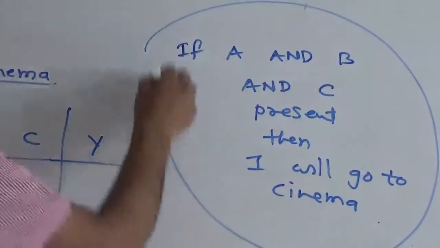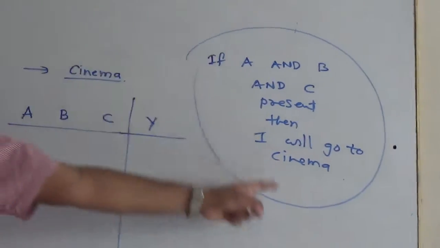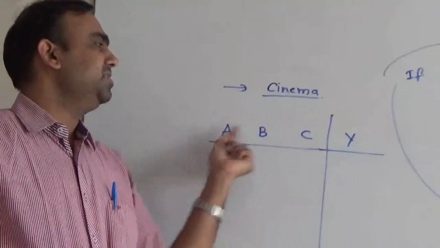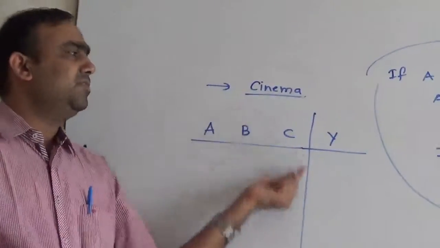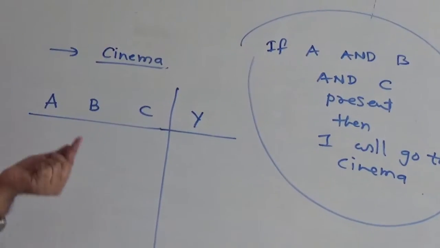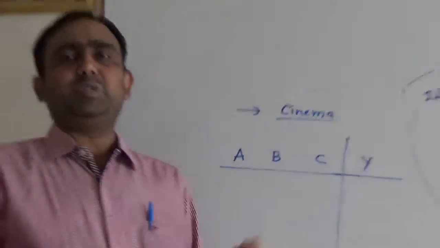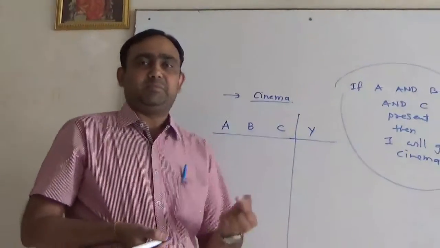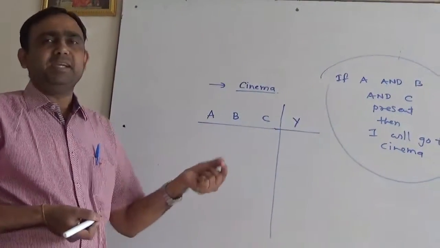So this is my thinking. सबको साथ में लेके जाना है. मेरे सारे फ्रेंड्स है, ABC मेरे फ्रेंड्स है. अगर ये सारे फ्रेंड्स प्रेजेंट है तो मुझे सिनेमा जाना है. मतलब मेरा ये जो सोचना है ये एंडिंग वाला सोचना है. सबको साथ लेके चलना है. ओके. A and B and C.